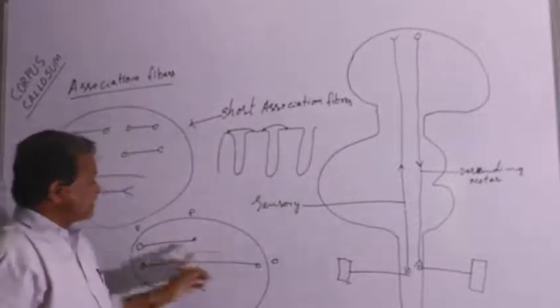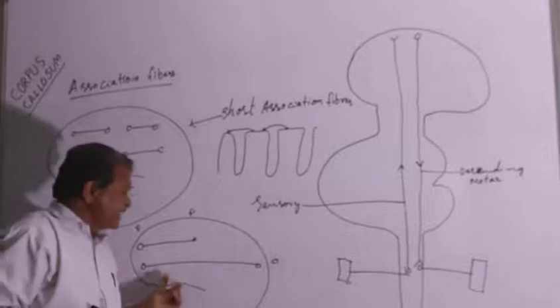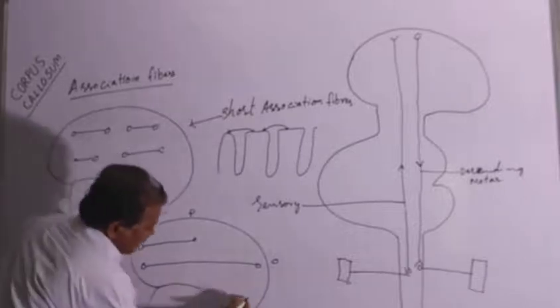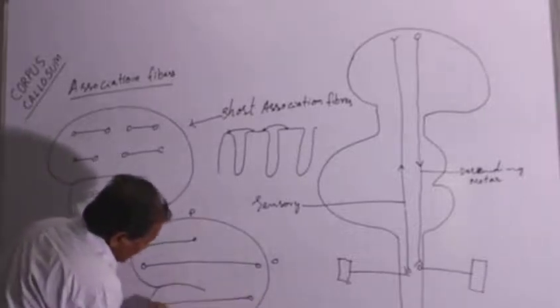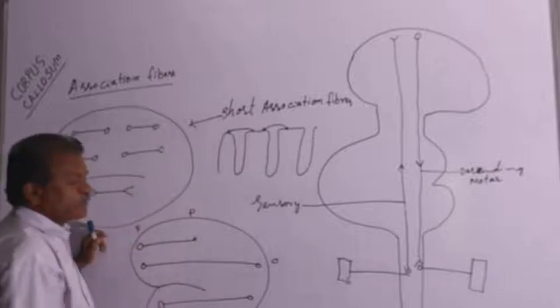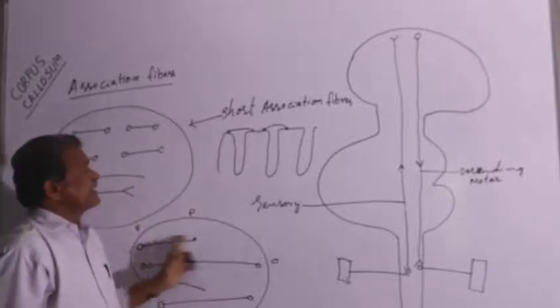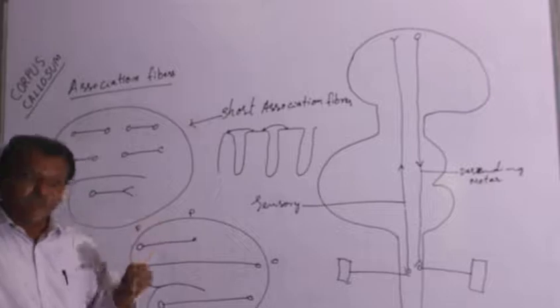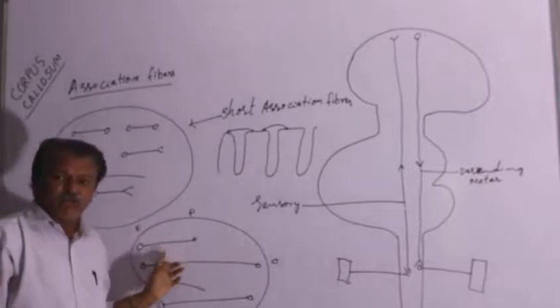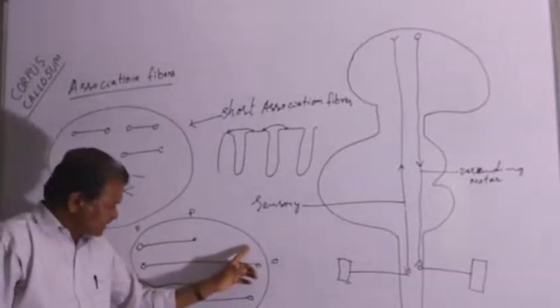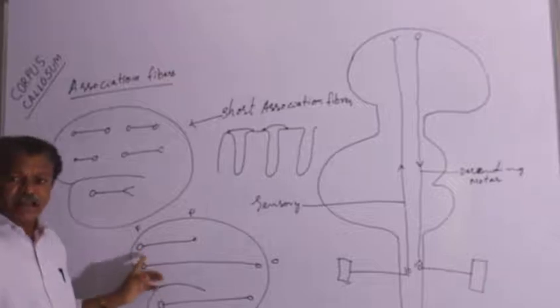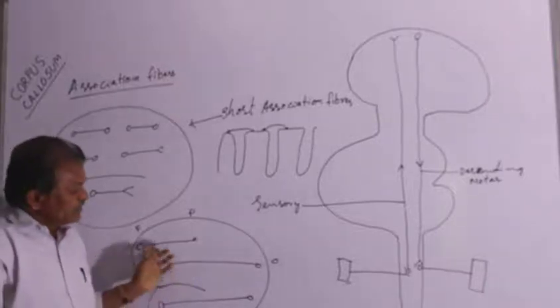Here they connect long, widespread gyri, and here the occipital lobe connects to the temporal lobe. This type of fiber moves within the same hemisphere, anterior-posteriorly or posterior-anteriorly, connecting lobe to lobe.